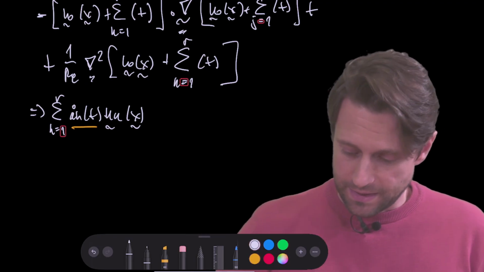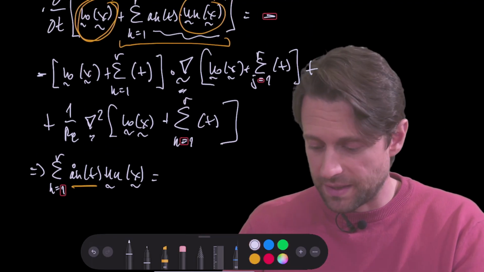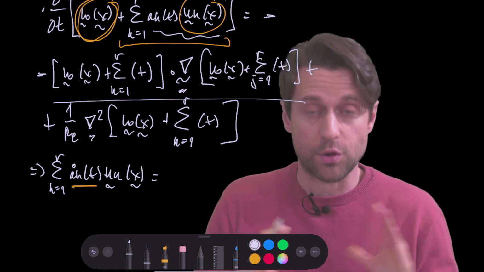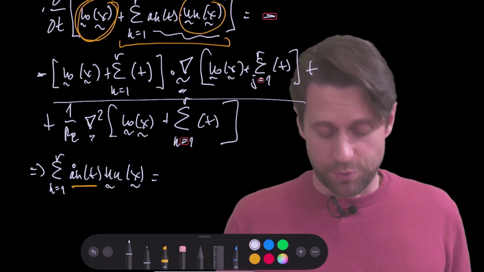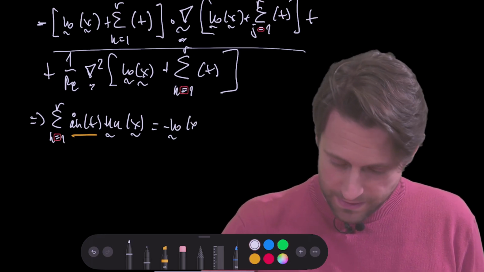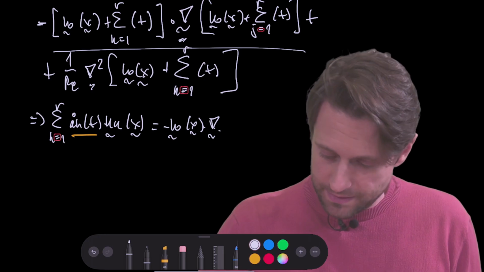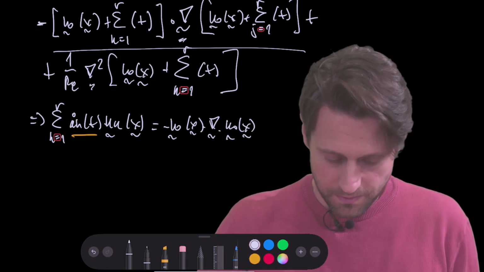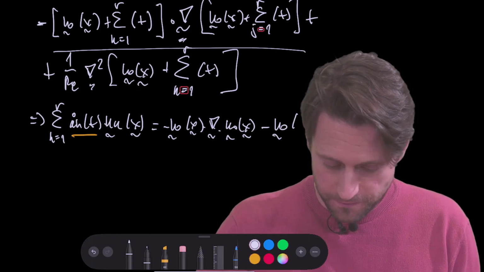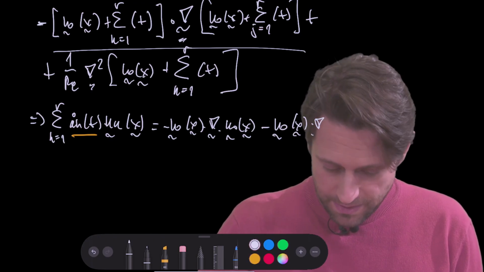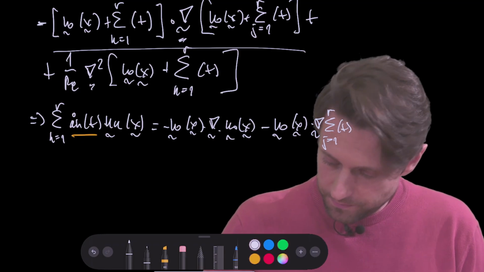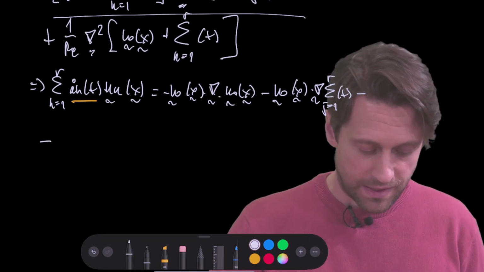So I have this, and now what I have is, well, to operate a little bit in these brackets here. So I'm going to have a bunch of terms that come from all the cross products. So what I have is minus u0 of x times nabla times u0 of x, minus u0 of x dot nabla sum from j equals 1 to r of plus, minus, and now here I have a double sum.